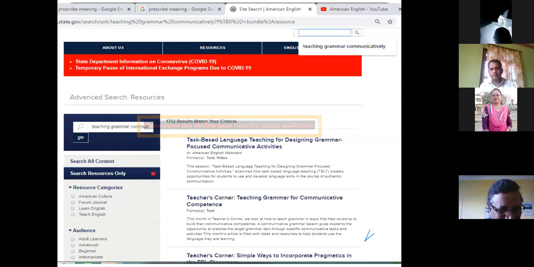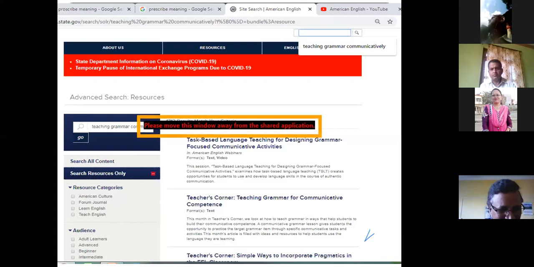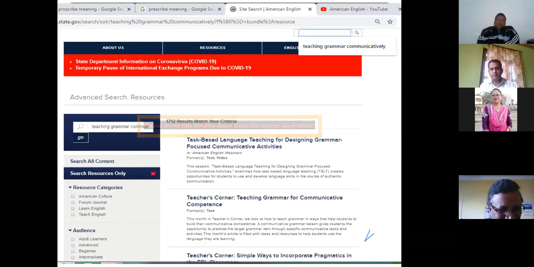You may go to this site, americanenglish.state.gov, and then go to MOOCs, and then find that course. And we also have an eTeacher course on teaching grammar communicatively. And for that, you need to apply. If you have not done an eTeacher course before, you are a potential candidate for that, but you have to fill out a form and undergo a selection process.